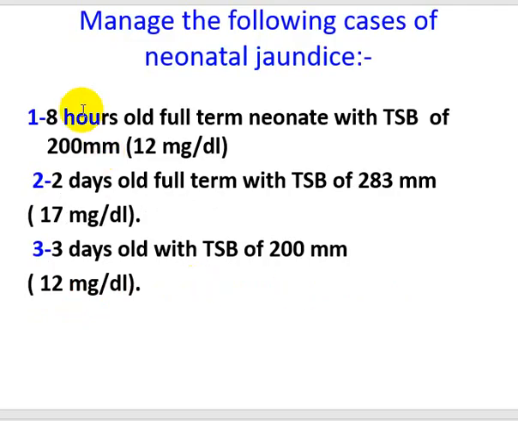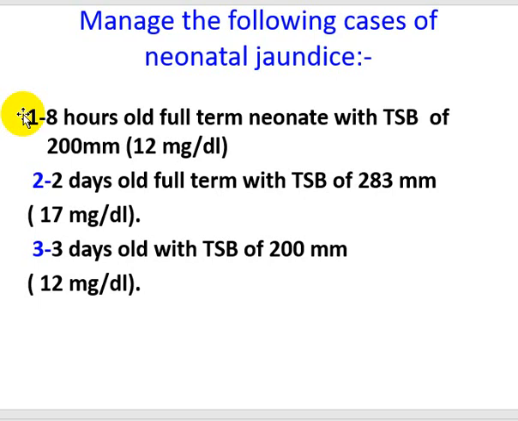Let's discuss these cases of neonatal jaundice briefly, and we want to know the management of these cases. The first case is 8 hours old, full term. Total serum bilirubin is 200 micromole per liter. It means 12 milligram per deciliter. Second one is 2 days old, full term.